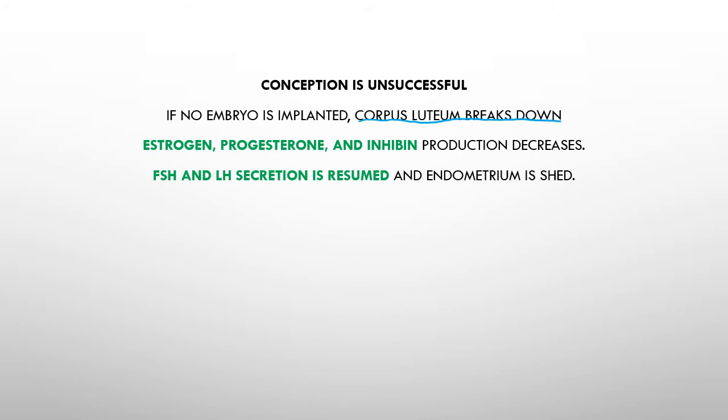Since that corpus luteum is no longer functional, that means we're going to decrease the amount of estrogen and progesterone being produced, which means that FSH and LH are no longer being inhibited, and so those hormones can increase, and that's going to lead to the shedding of the endometrium. So the endometrium is going to die off, that functional layer, and that's going to get sloughed off and lost during the menstrual cycle. In a sense, we've gone full circle with the cycle itself, and that continues from there.